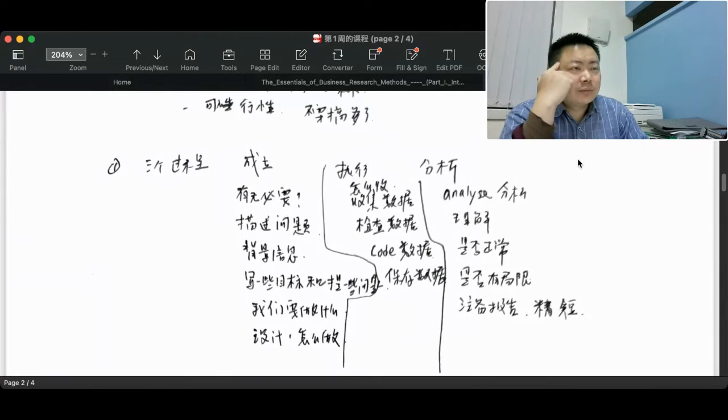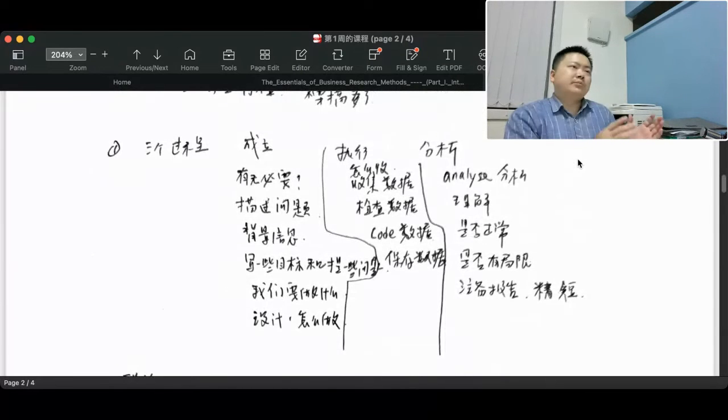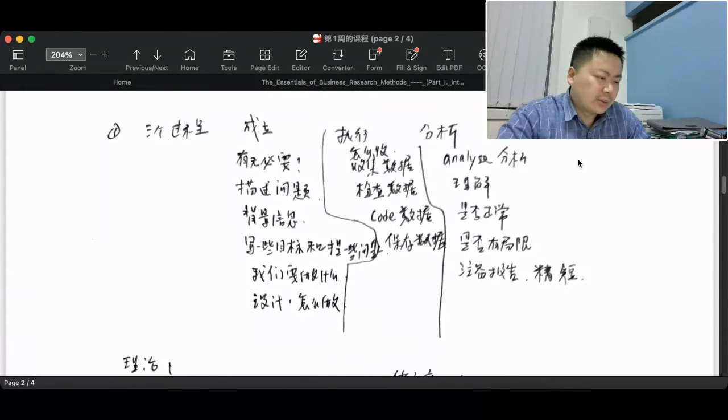So I have to make a logical judgment whether the data I collected makes sense or not, and whether it has any limitations. I have to make sure the report is concise and short. So that's the three processes of a business report.